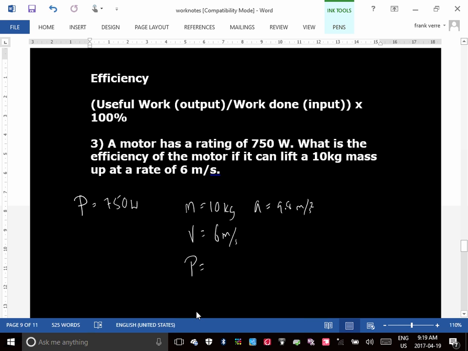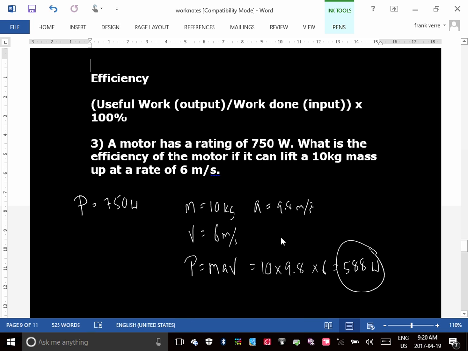You have M, you have A, you have V. I'd use M-A-V. So M-A-V, okay. So, we have 10 times 9.8 times 6. So what is that? Like 590 something. What is it? 588.